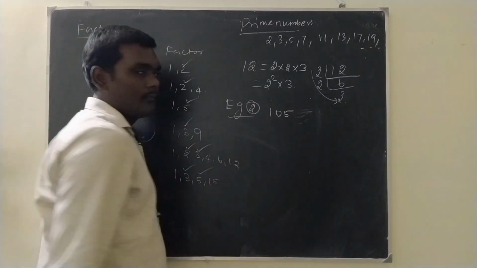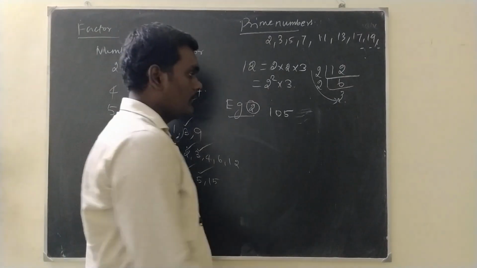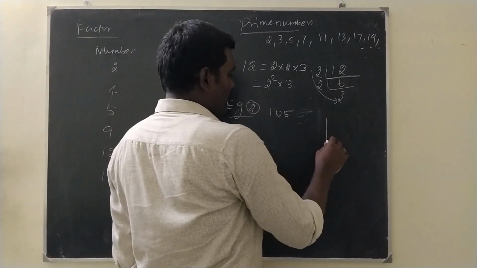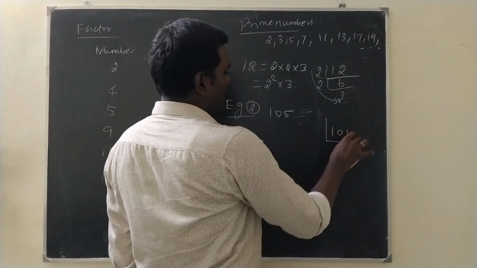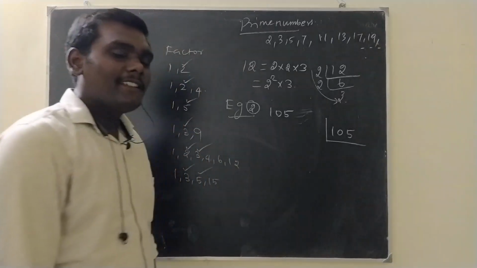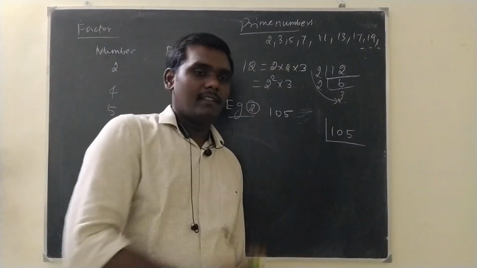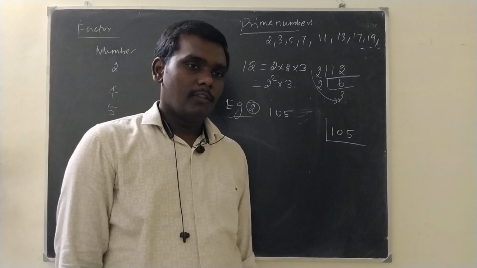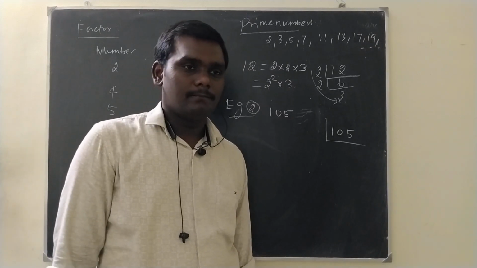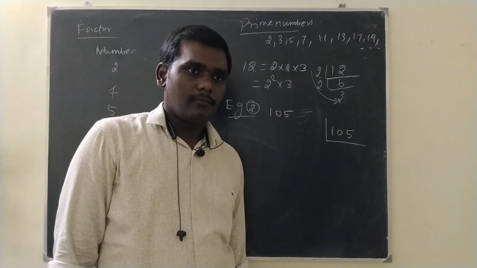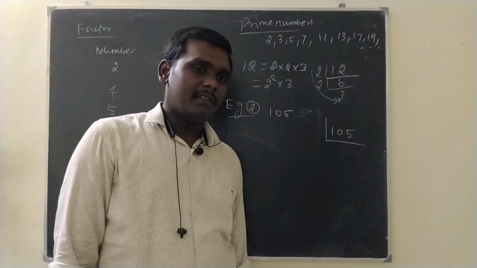105. We should start dividing this number by the least prime number that can divide it. Don't say 5. Below 5 there are other numbers.